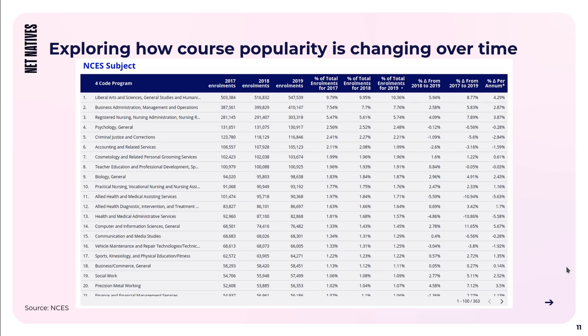Business and administration and nursing are also growing significantly, with science courses also doing quite well, while there is some significant decline in some allied health and medical assisting services courses. So it's also worth looking at how this is changing over time and the popularity of each course, and how then maybe you could change or consider shifting your offering to the students.